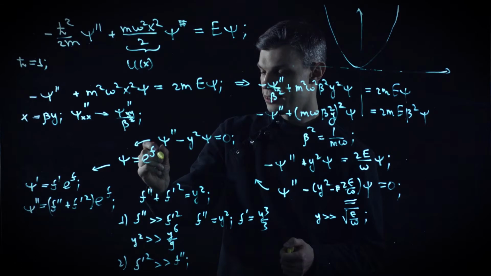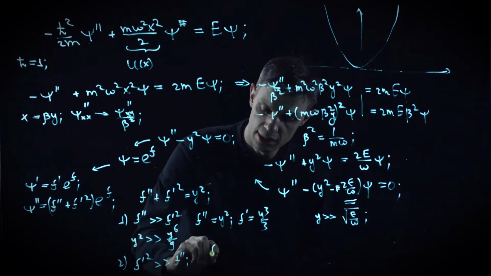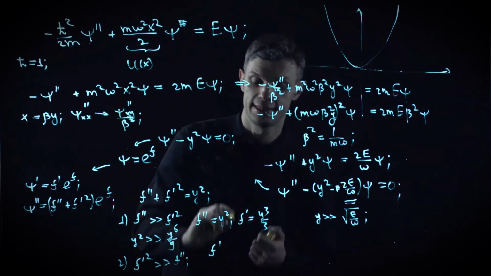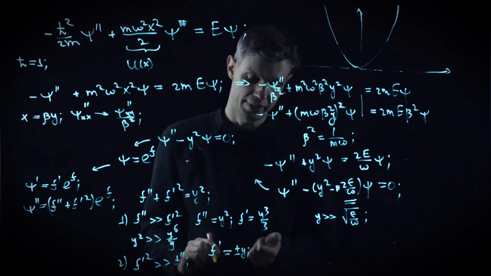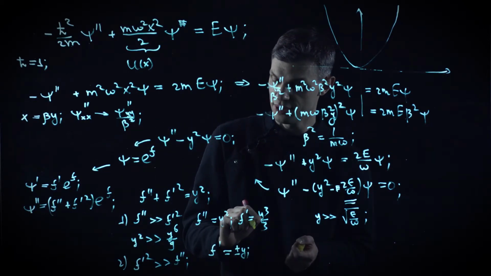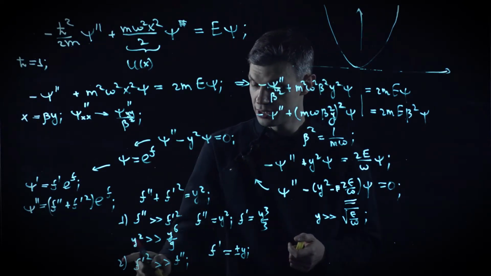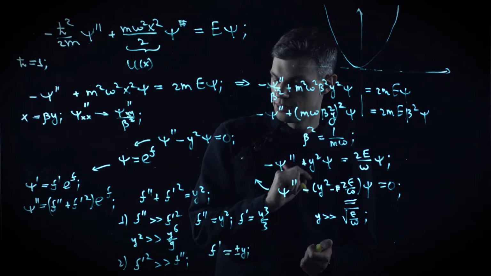So now we can discard the first term in our differential equation. As a result, we get f prime squared equals y squared, and f prime equals plus minus y. Again, let's integrate this thing. Actually, before we integrate, let's check if our condition holds. So f prime equals y.